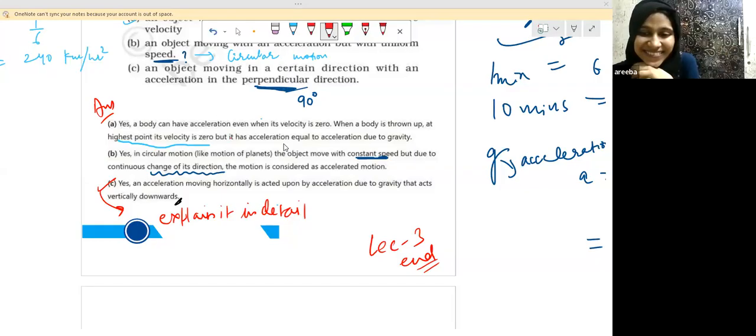So when an object is traveling with acceleration horizontally, there is a force acting on it, so it is going forward. But the gravitational force of Earth is also attracting it, so there is also a force pushing it downwards.